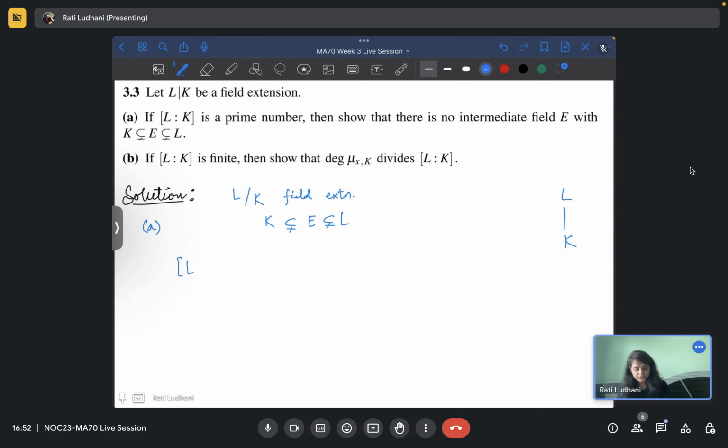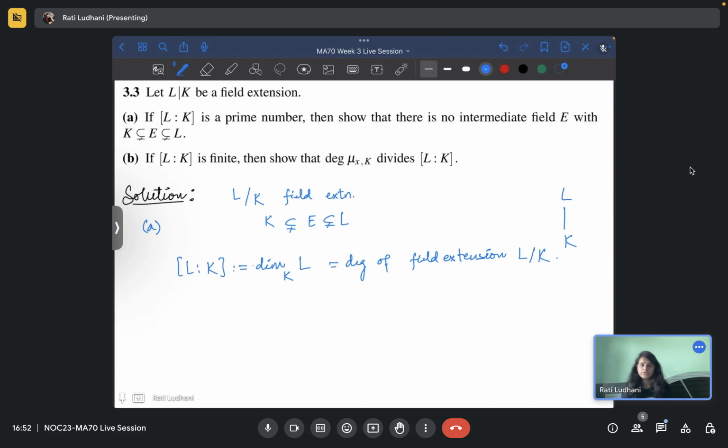What is this representation? This represents the dimension of L over K. You can even say the degree of the field extension L over K. So these are the notations.